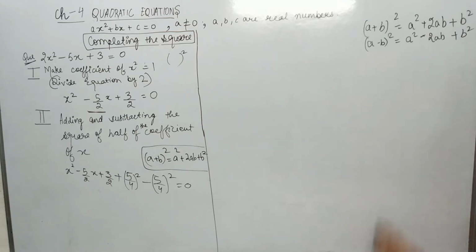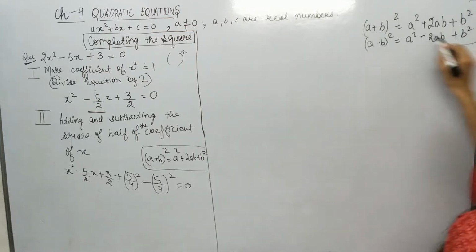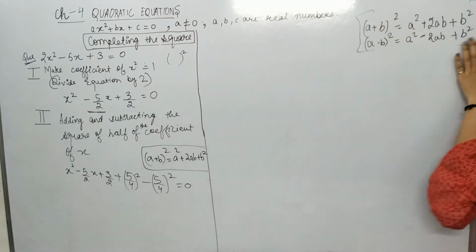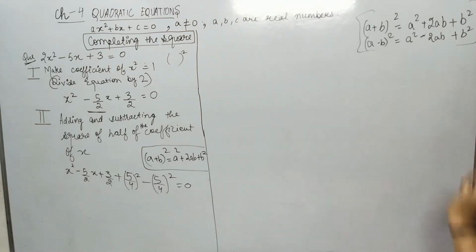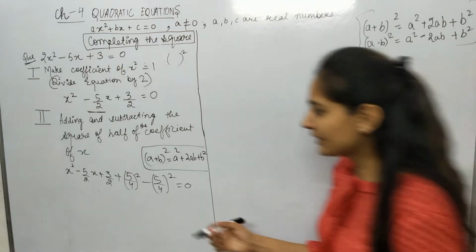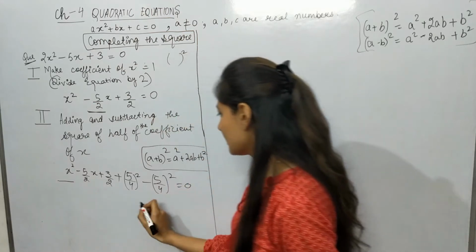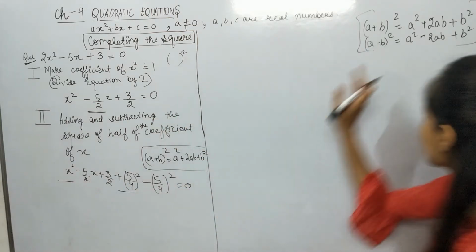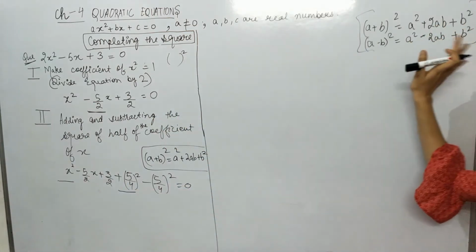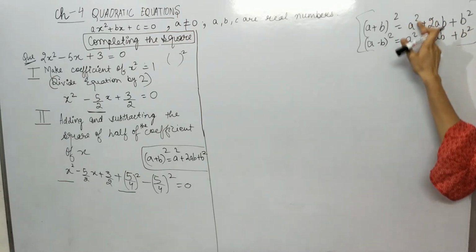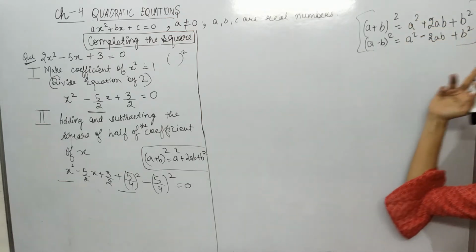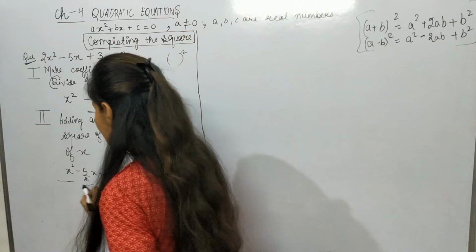Is it so? So a square and b square are positive in both the formulas. So for completing the square, we will take this and this positive, because a square and b square are positive. And what we have to see is whether 2ab is positive or negative. So here 2ab is negative.